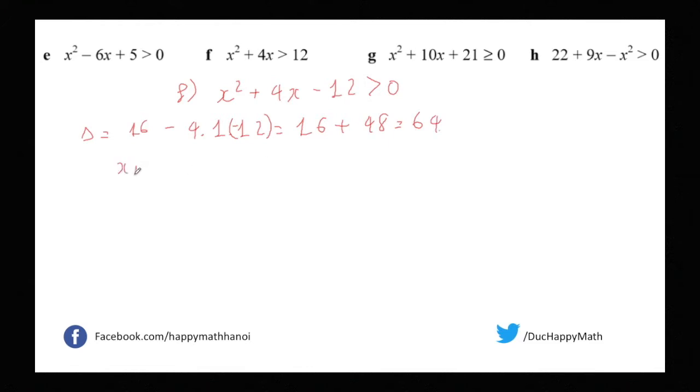So x1 equals minus b plus the square root of 64, divided by 2, is minus 4 plus 8, so 4, divided by 2. x2 is minus 4 minus 8, minus 12, divided by 2, minus 6.